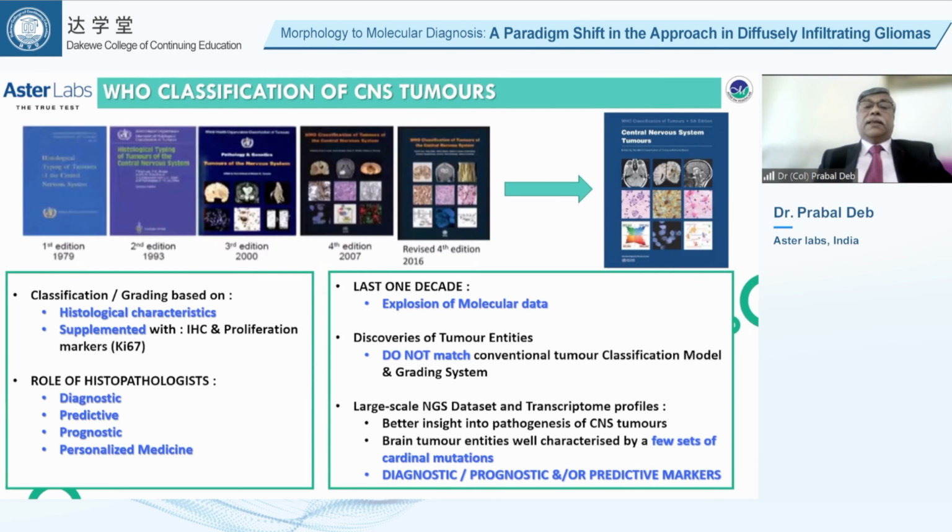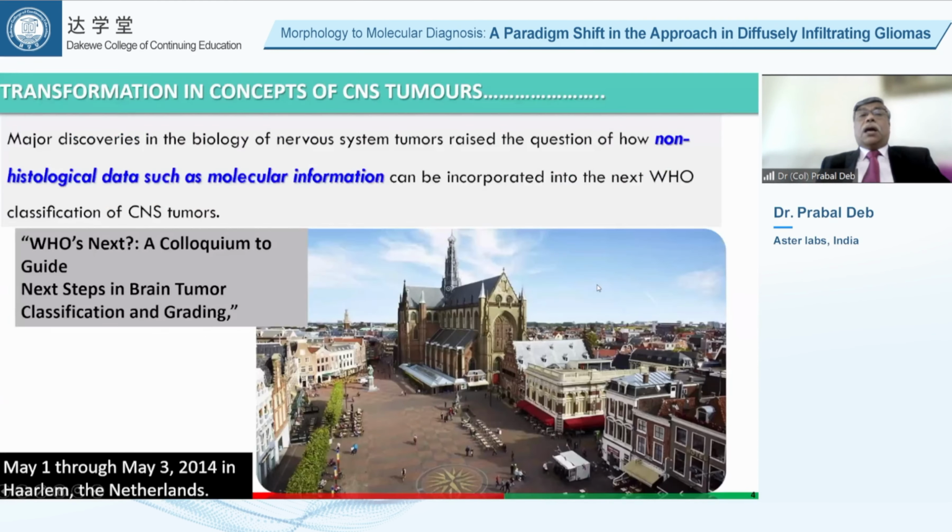In the last decade, there has been an explosion of molecular data, because of the large scale NGS data which has been generated. And today we have a whole lot of diagnostic, prognostic, and predictive markers available with us. Now, there has been a lot of transformation in concepts of tumors of the central nervous system.